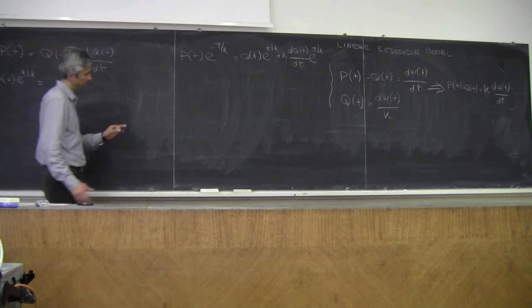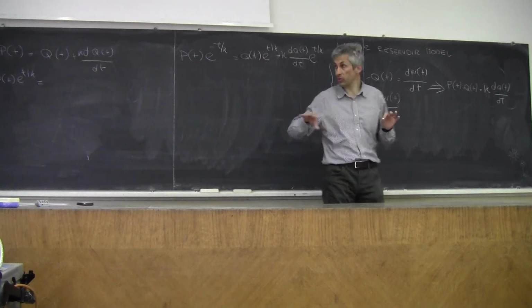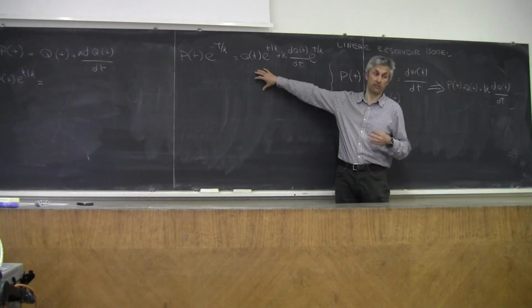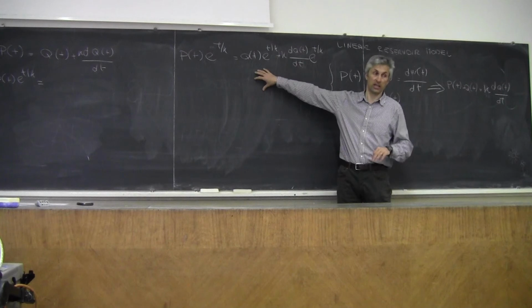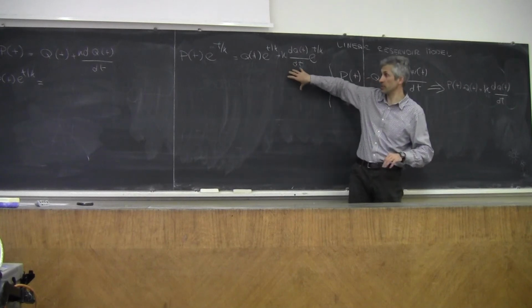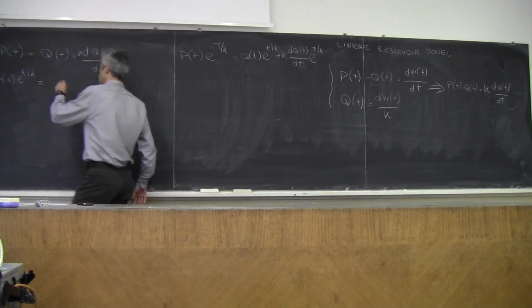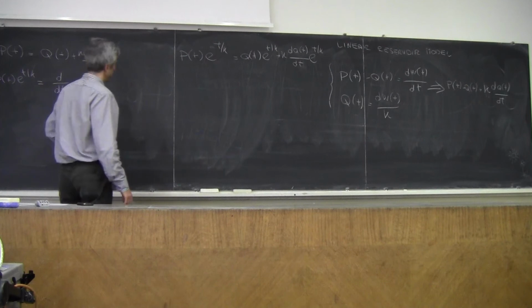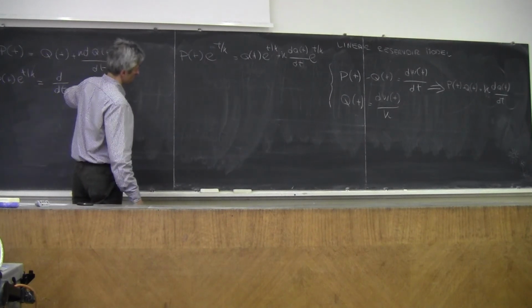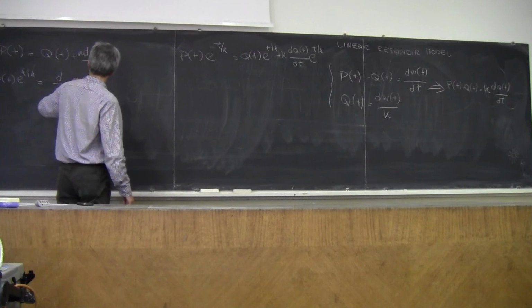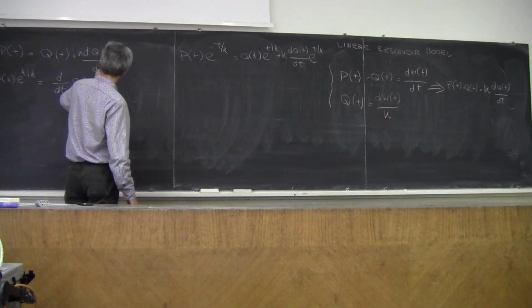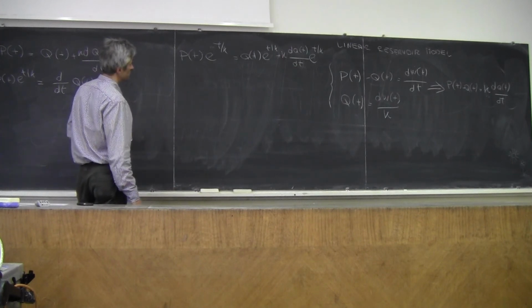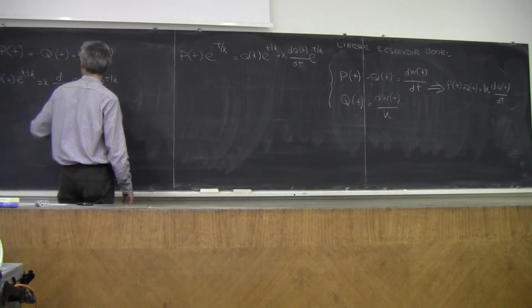And now let me bring your attention to the fact that the right-hand side is given by the summation of two terms, and I can express these two terms as the derivative over time of Qt times e to the power of t over k, and this is multiplied by k.